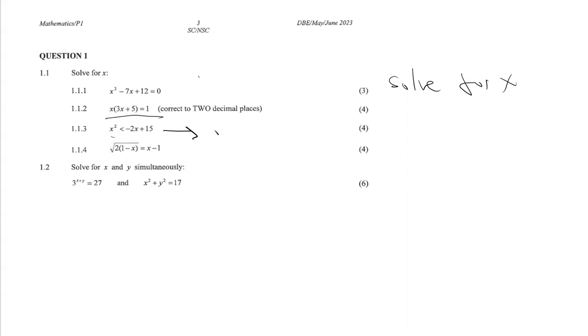And for the third question, we have an inequality that we can solve for. Let's go to a new sheet here. So this is the third question: x squared is less than negative 2x plus 15.